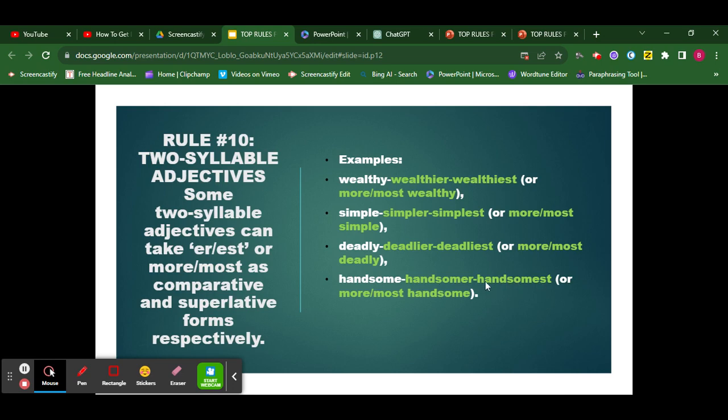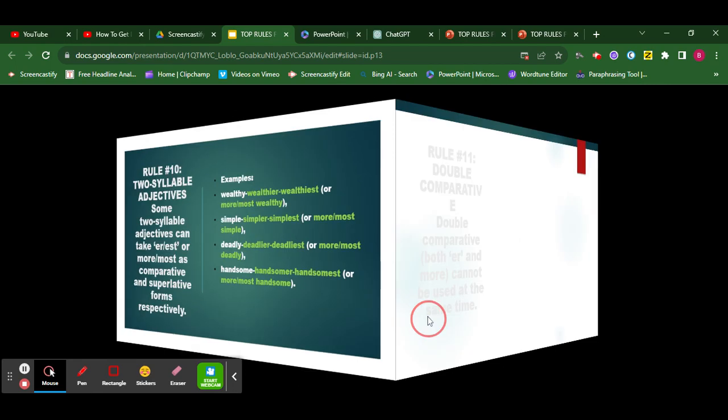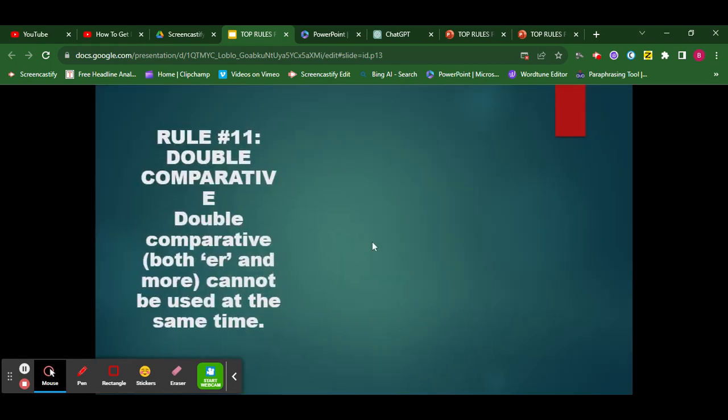It's rarely used, but it is correct. Because it's a two-syllable adjective, you may add er and est as comparative and superlative forms respectively, or you may decide to use more handsome or most handsome. So these are all acceptable ways of comparing.